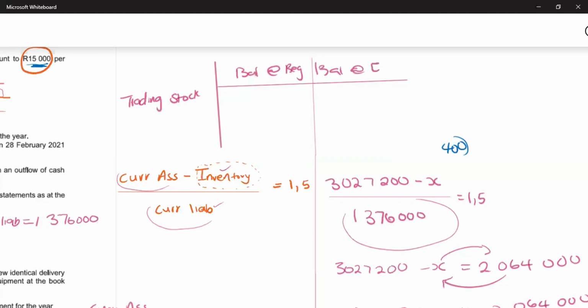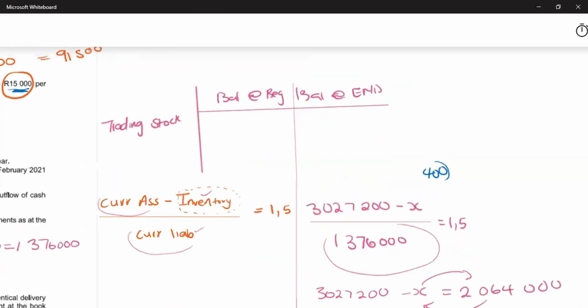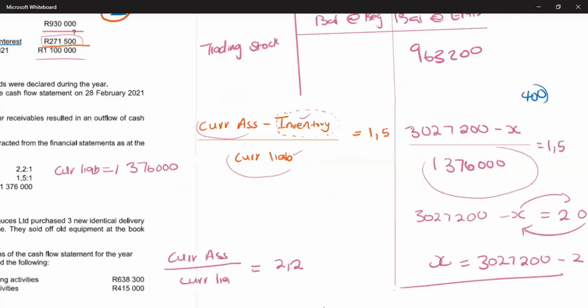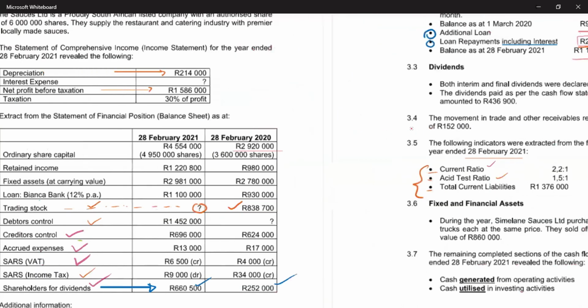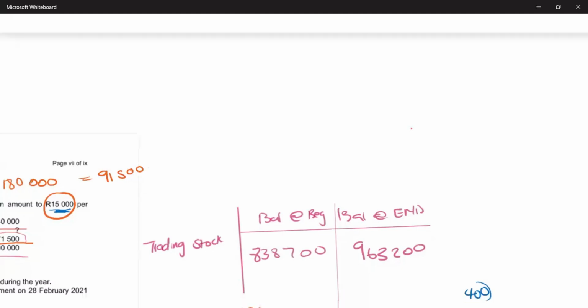We have just calculated our balance at the end as 963,200. And our balance at the beginning for trading stock was given as how much? 838,700.